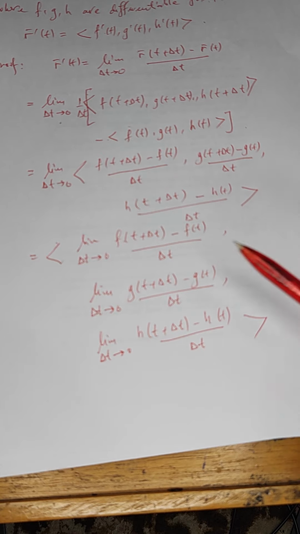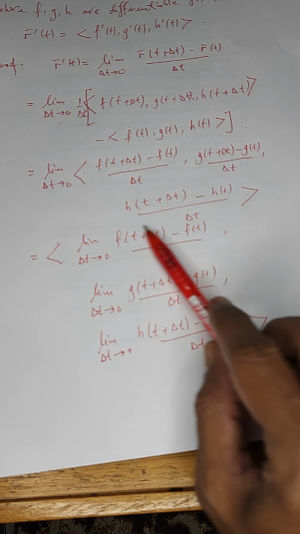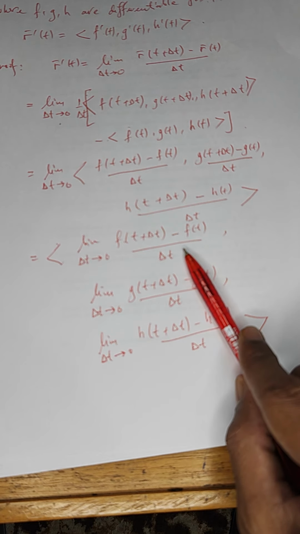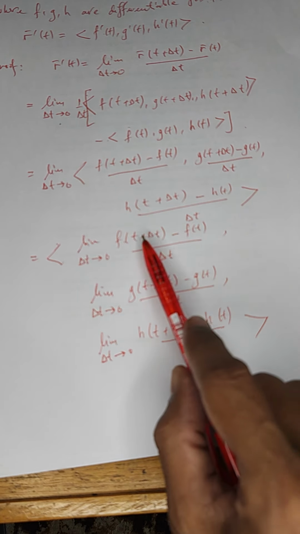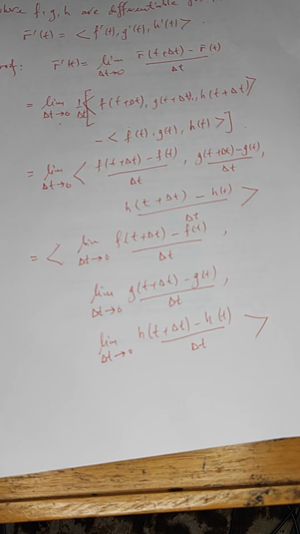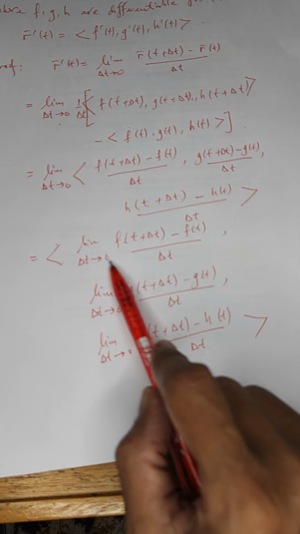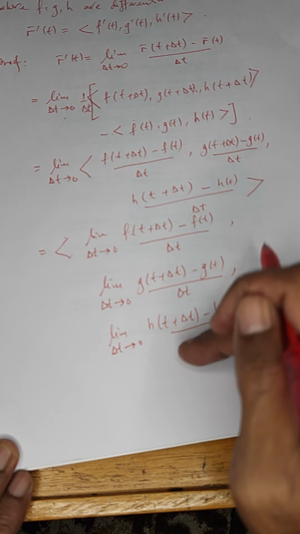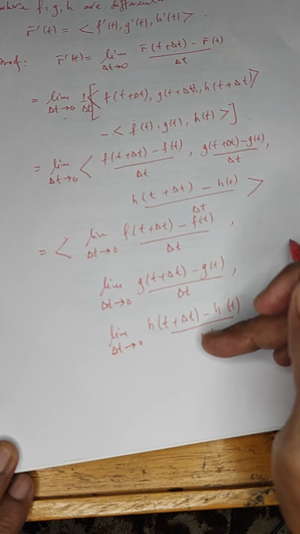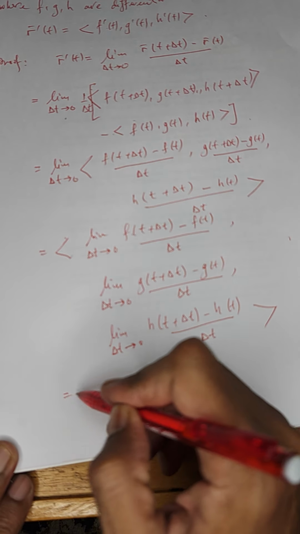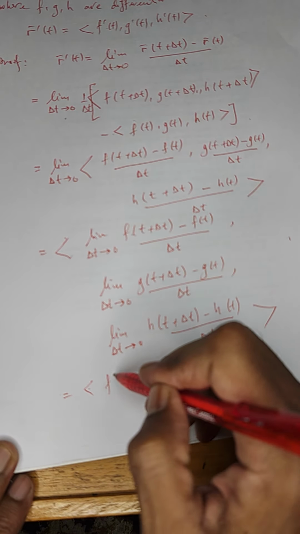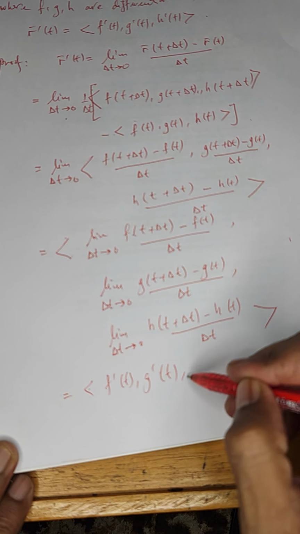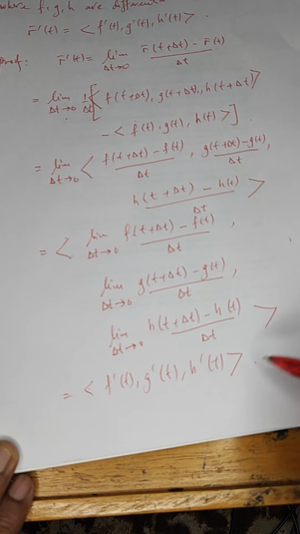This is nothing different than the definition of the derivative for a real valued function. Because f, g, h are differentiable real valued functions, all those limits exist. So this is just f prime of t, g prime of t, and h prime of t.